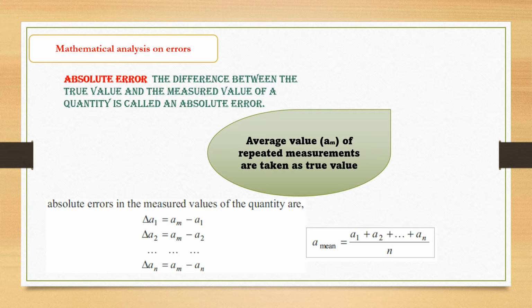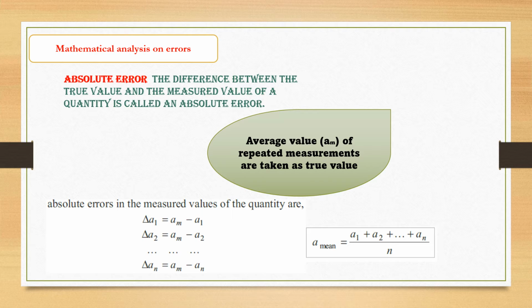The absolute errors in the measured values of the quantity are: delta A1 equals mean value minus the first measurement value. That means the first absolute error, delta A1, equals the true value or mean value minus the first measurement value.